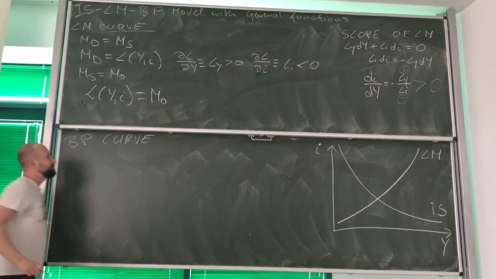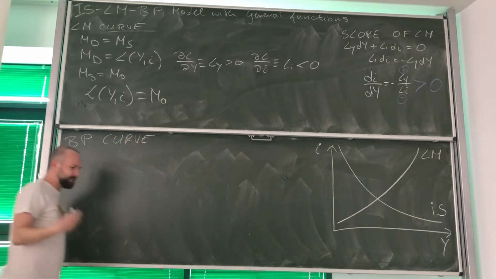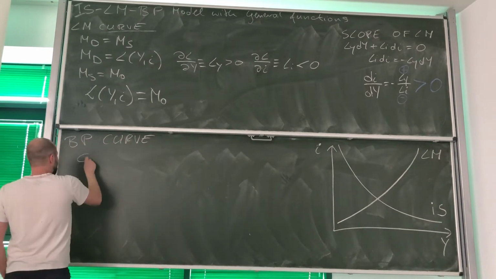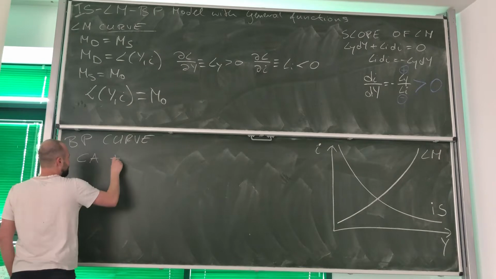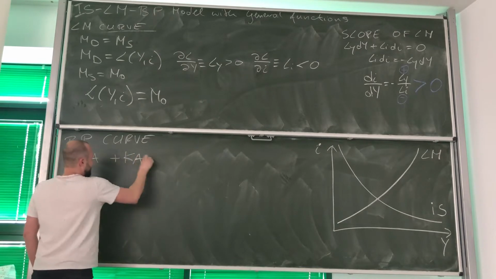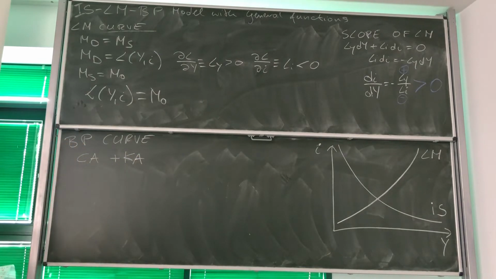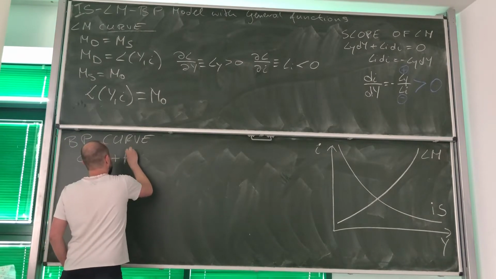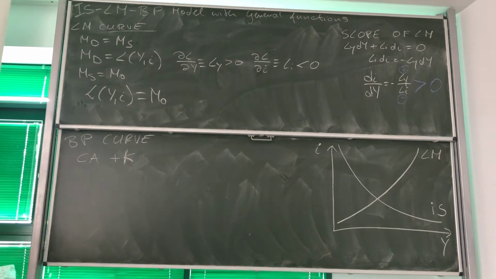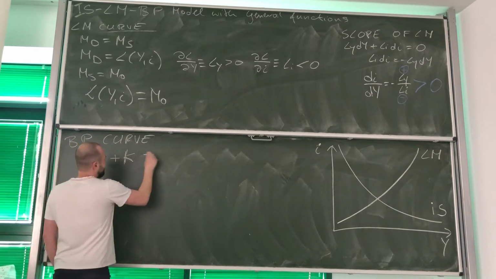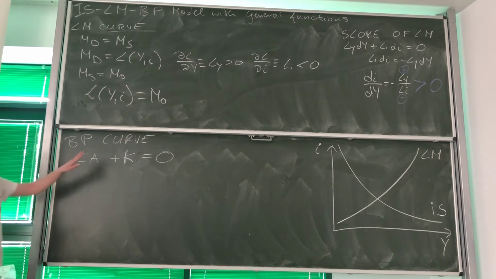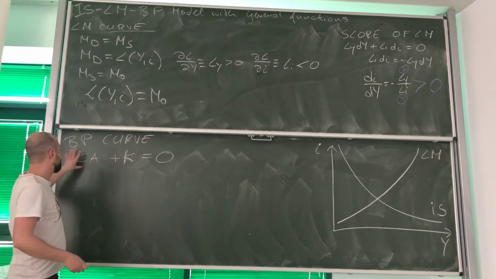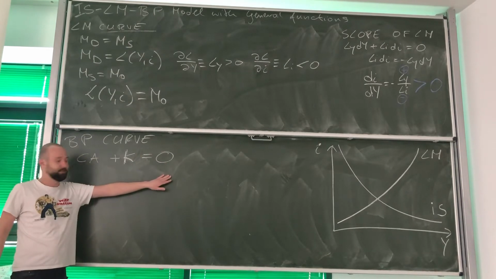And the balance of payment curve is defined in a very similar way that we had it with the linear model. This is a sum of current account and capital account. But let's denote this capital account K, because there would be again too many things. Of course, if the exchange rate is supposed to be in equilibrium, those two must be summing to 0.